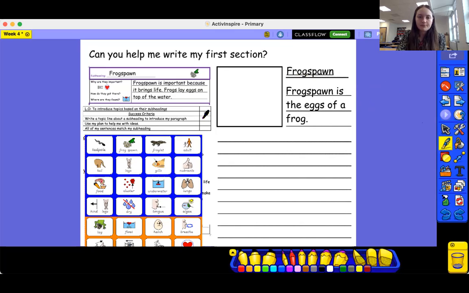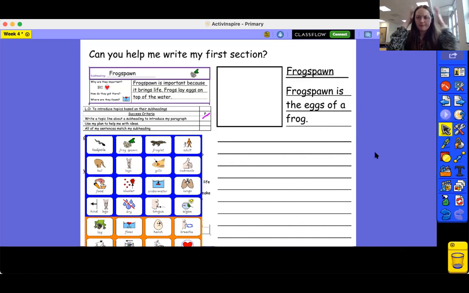Brilliant. So that's given a little bit of information. It's introduced my paragraph. Write a topic line about the subheading. Frog spawn. Frog spawn is the eggs of a frog. It's telling me straight away what frog spawn is. It's introducing it. It's a topic line about that subheading.